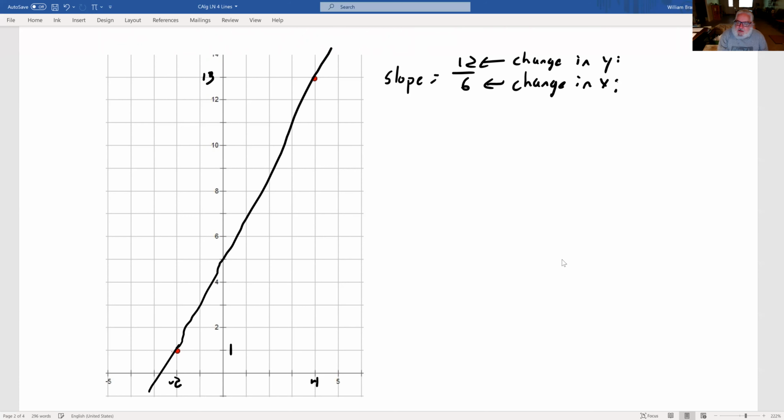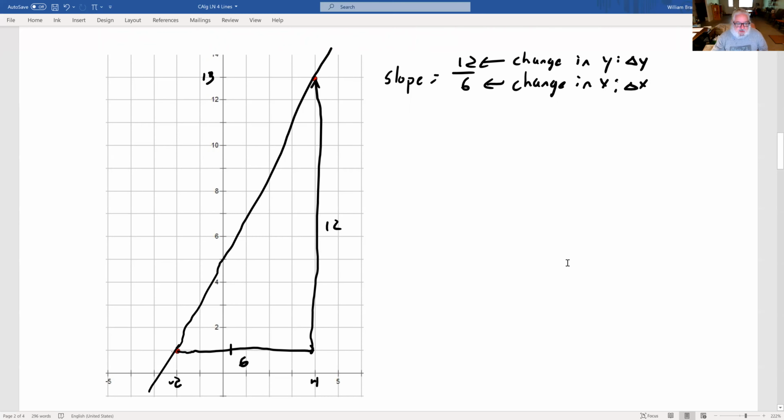If you put a little triangle in front of y, this little symbol means change in y, change in x. So if I start at this point and I want to get to this point, I can go 6 units to the right and then 12 units up. So change in y is 12, change in x is 6. So that gives me a picture of the line. And note that the y-intercept is at 5.